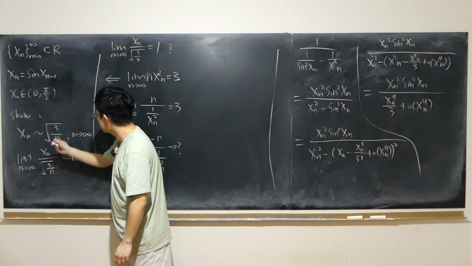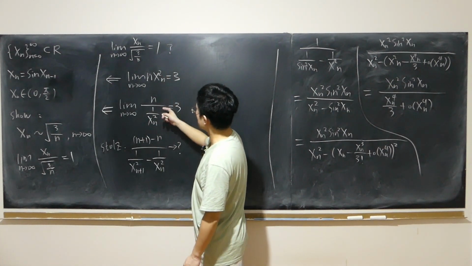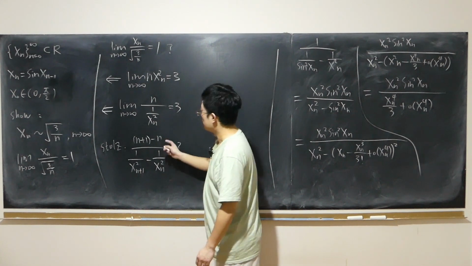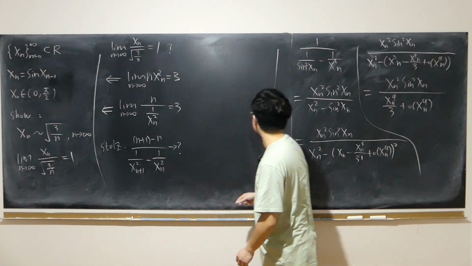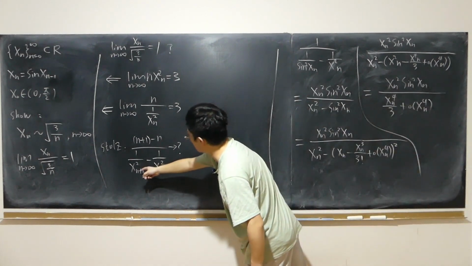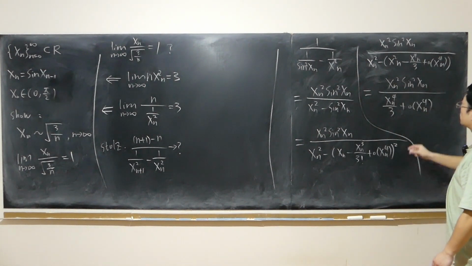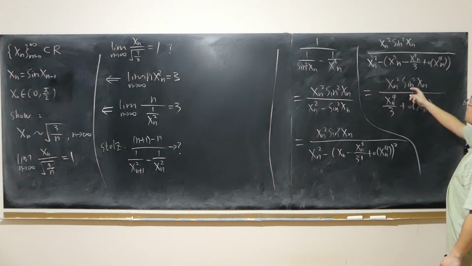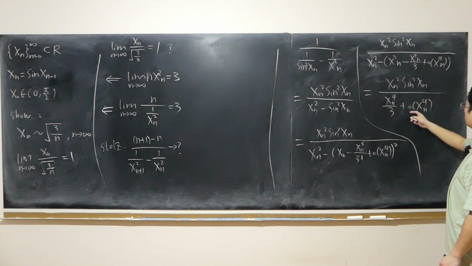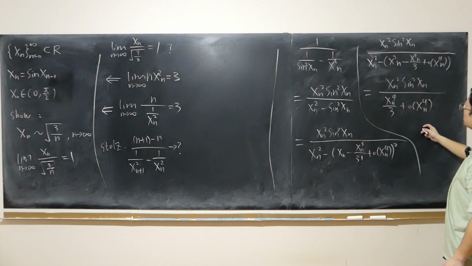All I have to show is this, so using Stoll's theorem and replacing xn plus 1 with sine xn, eventually I have reached this result using Taylor expansion, where little o means some sequence approaching 0, which means this whole term is approaching 0 faster than xn to the power of fourth.